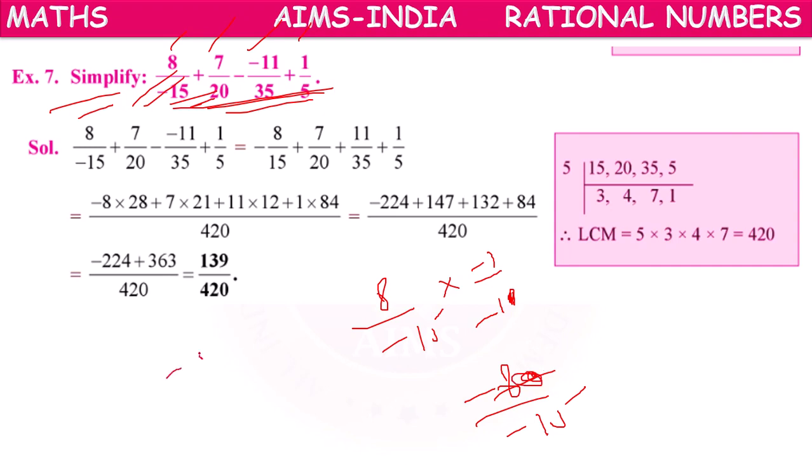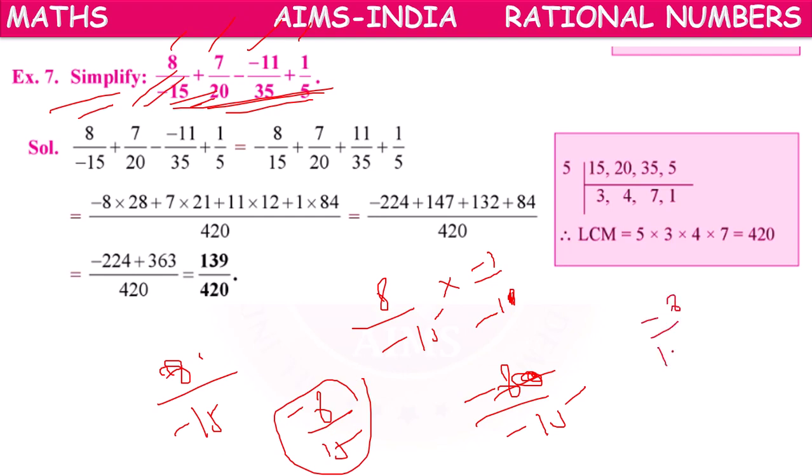Or if we have minus sign in the denominator, simply we can keep the minus sign in the numerator. Because we can have minus in denominator only in two cases. Either numerator positive, denominator negative, or both negative. Only two cases are possible.